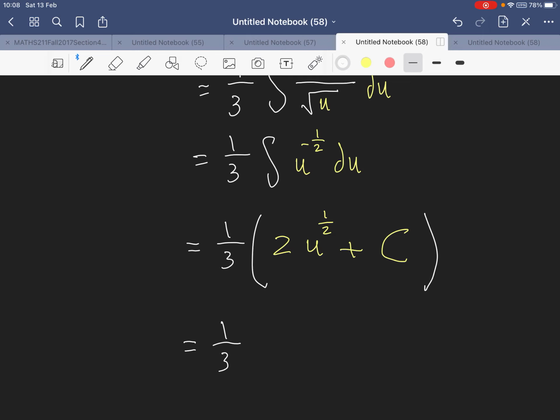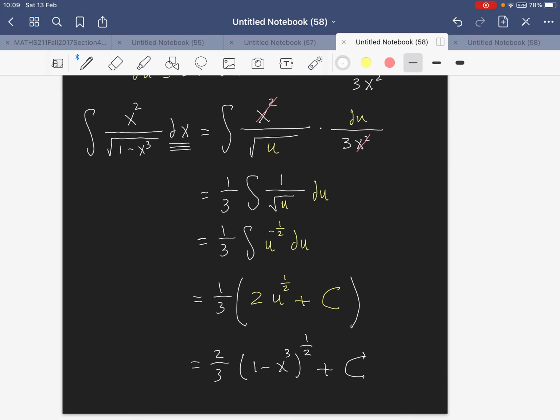Now the final answer: we substitute back u to its original function, and that will be 1 minus x cubed to the power of half, plus the constant. And that should be the final solution.